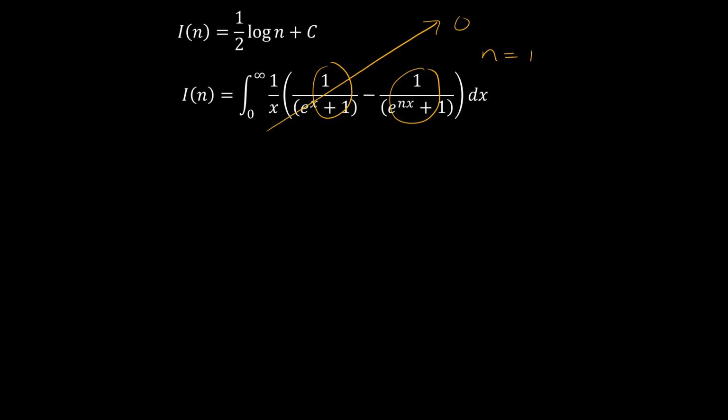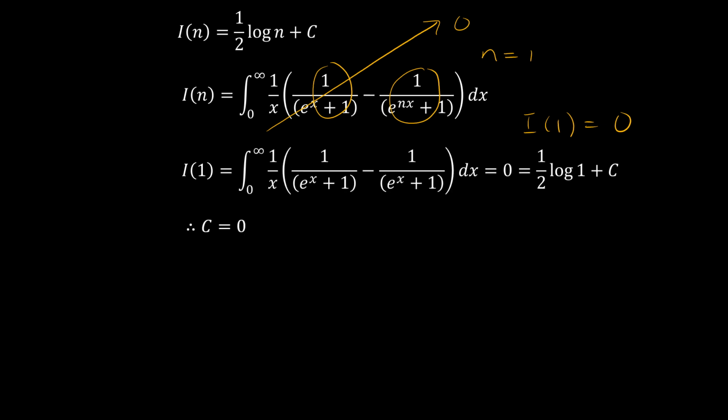In other words, I(1) is equal to 0. So if I(1) is 0 and I(1) is a half log of 1, and log of 1 is 0, then it means that c is 0. So c is definitely 0. And so I(n) is simply a half natural logarithm of n.